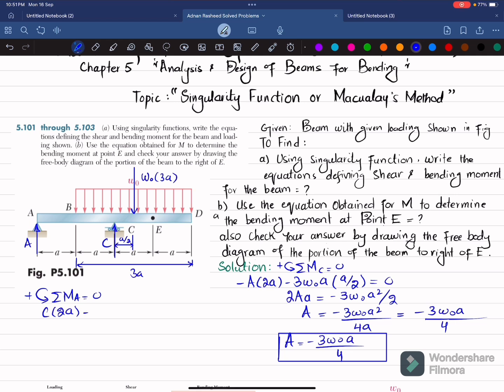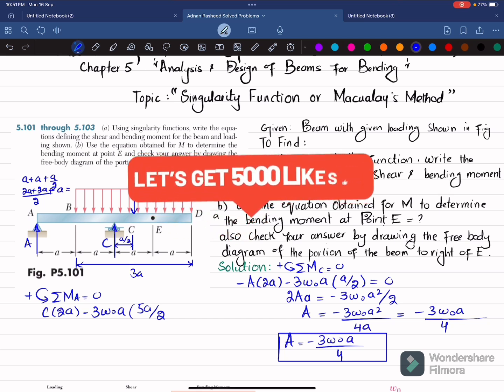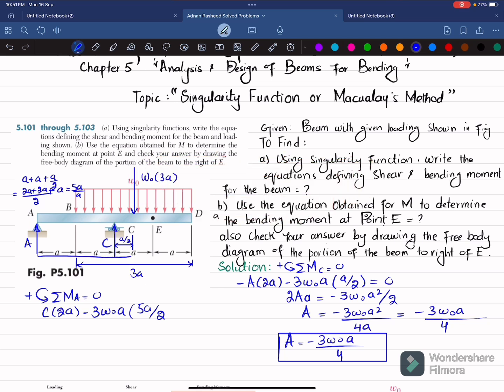This is producing clockwise, so I will write 3 W naught into A into 5A divided by 2. Because you can see 2A plus A by 2, we take LCM, so 4A plus A is equal to 5A divided by 2. So this total distance from this point till this point is 5A over 2.